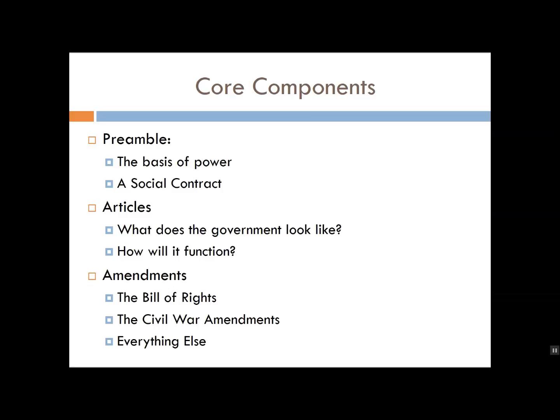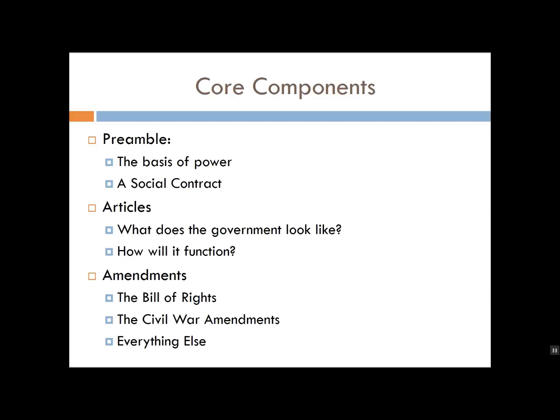Why, it is we, the people. In other words, the preamble tells us that the Constitution as a whole derives its authority over the people from the people through their consent, from their decision to ordain and establish it. So the preamble tells us that we are the basis of power and that the Constitution is a social contract.